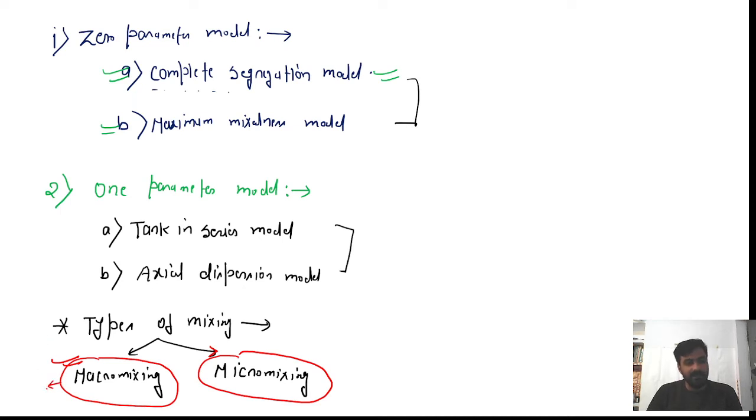Whenever a fluid element is coming, and there is a liquid phase reaction taking place inside the reactor, macro mixing will demonstrate how the fluid elements interact with the neighboring fluid. But when we talk about micro mixing, it describes how the molecules of different age groups encounter one another inside the reactor.